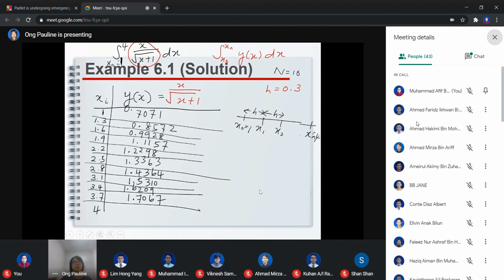You just need to substitute the value of x here, by using 1, 1.3, 1.6, and so on. So this shall be the answer that you obtain if I do not calculate it wrongly.